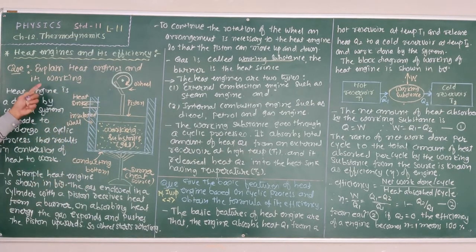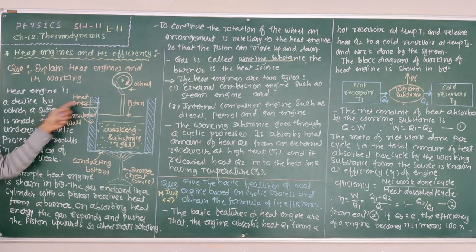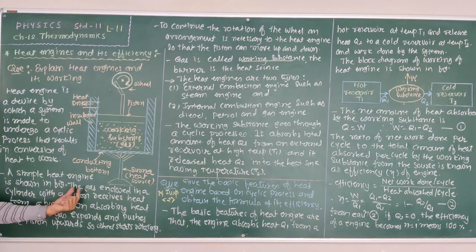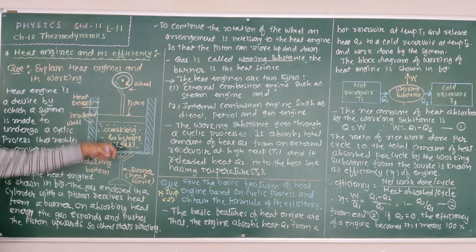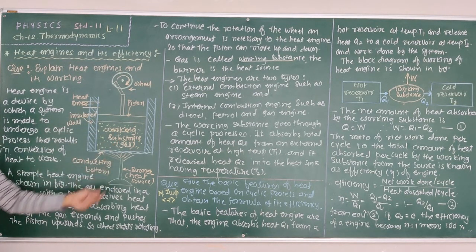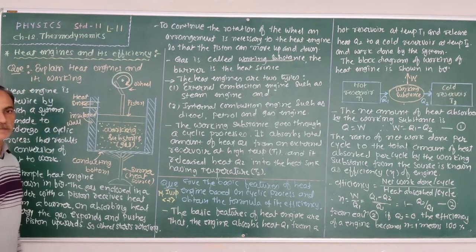Again, what is the heat engine? The heat engine is a device in which a system undergoes a cyclic process. As a result, heat energy is converted into work. A simple heat engine is shown in the figure. A gas enclosed in a cylinder with a piston receives heat from the burner, and the gas expands and pushes the piston up.